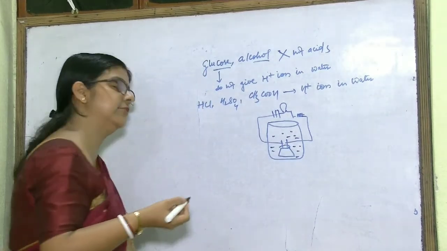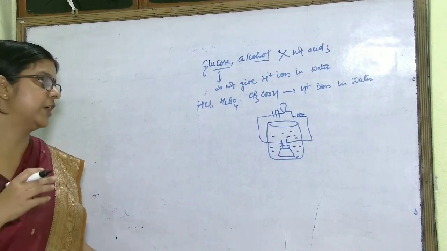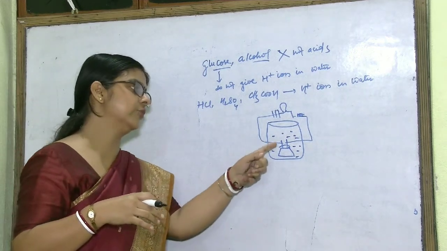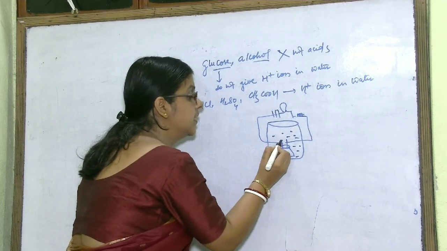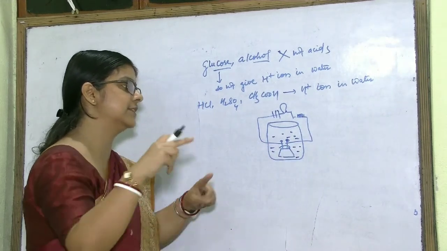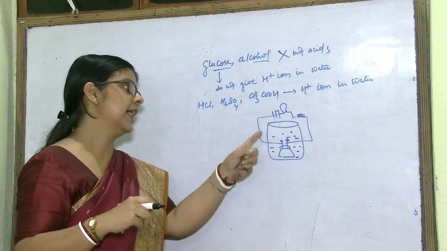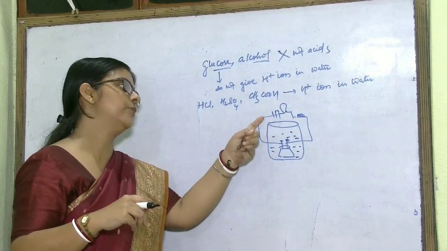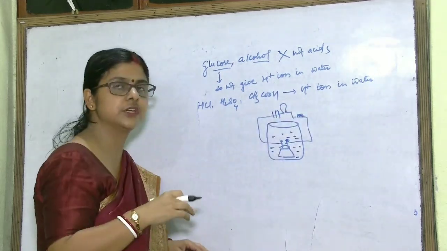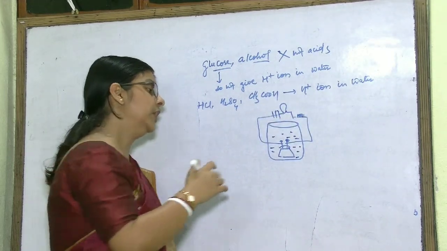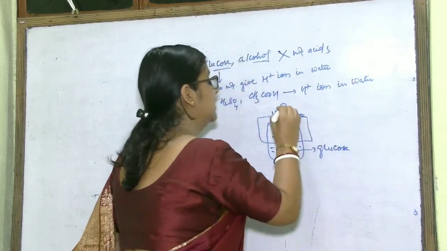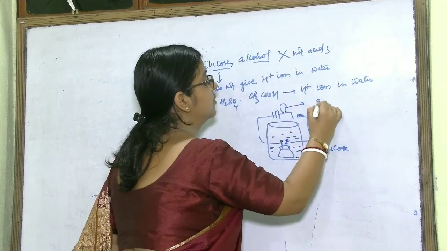You can do this activity. Fit two nails in the cork, connect two wires to these nails and to a 6-volt battery, and connect a bulb and a switch. If you fill it with glucose, then this bulb will not glow.